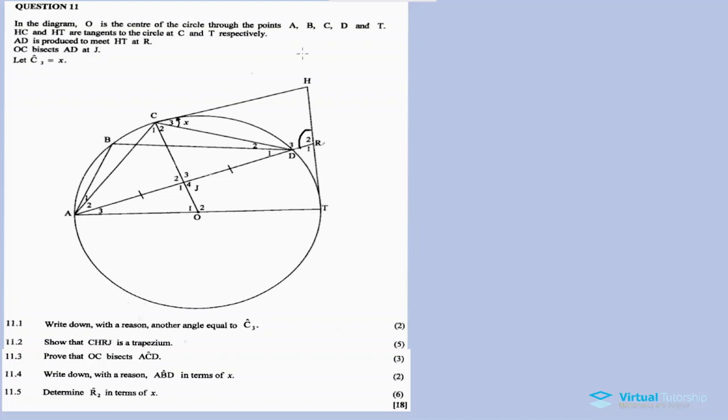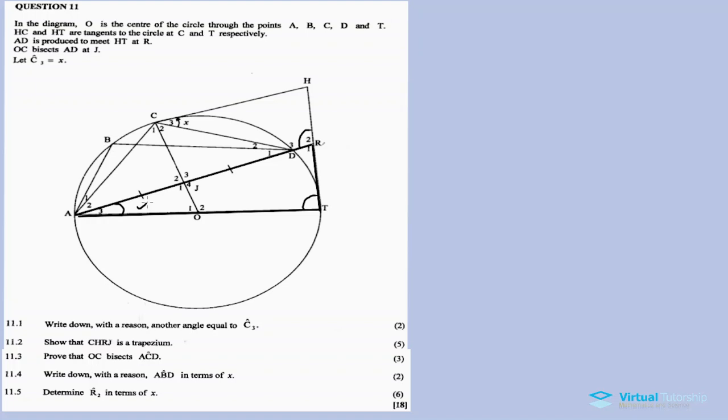So for this triangle ART, R2 is in fact the external angle of triangle ART.